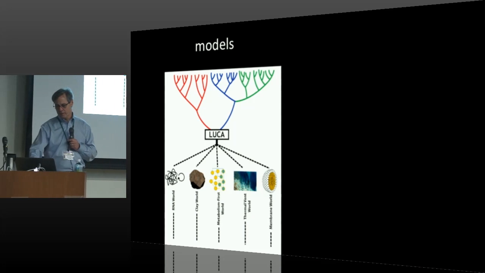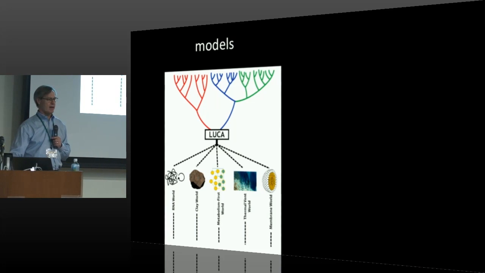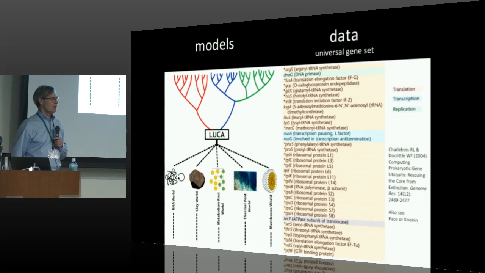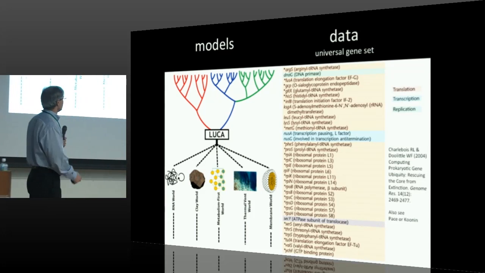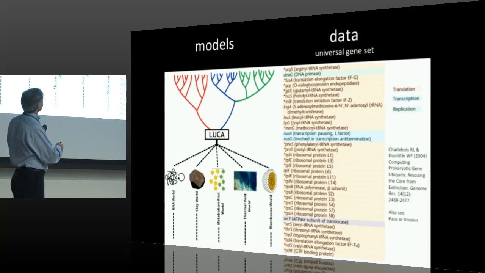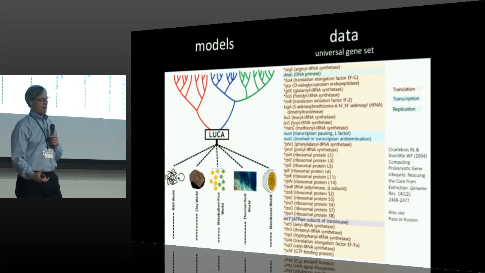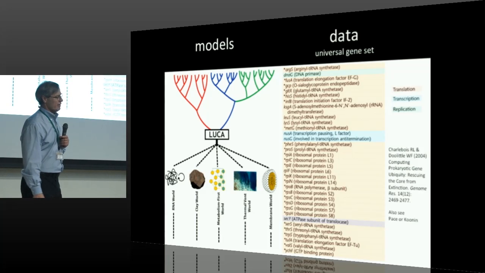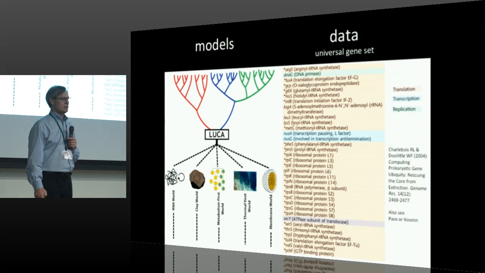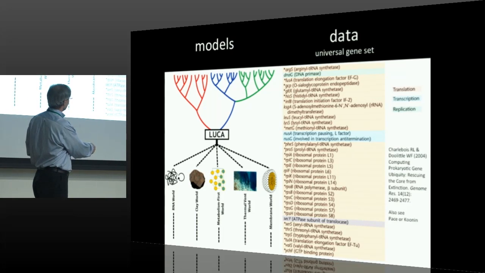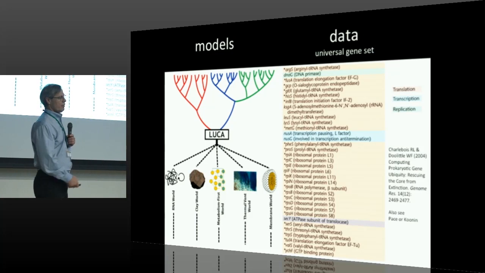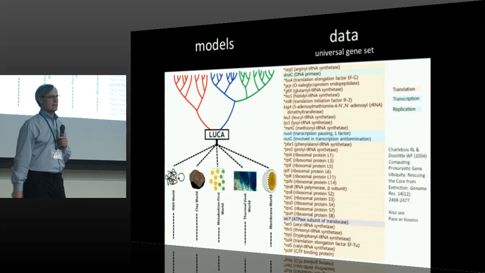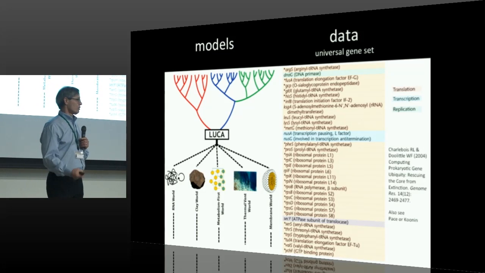And then we have the data, and this is the data that we focus on, which is what I call the universal gene set, things that everything alive has. There are several amazing characteristics of this universal gene set. This is from Doolittle's paper in 2004, but Pace has looked at this, and Kunin, and there is a nice consensus pretty much on what the universal gene set is.